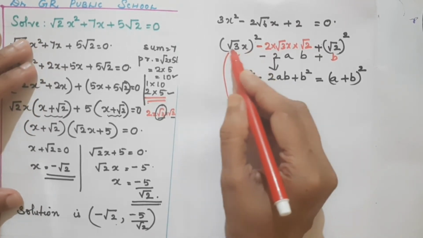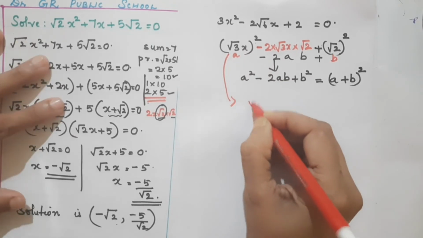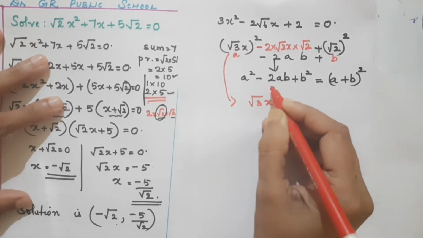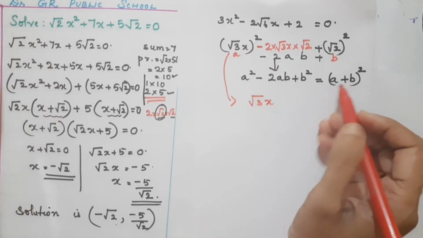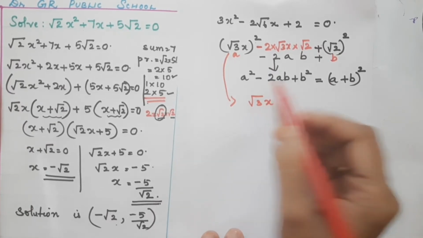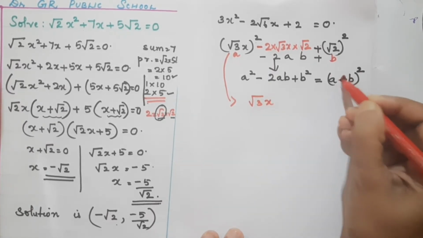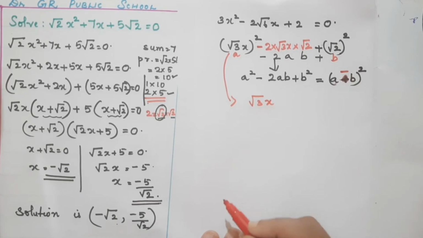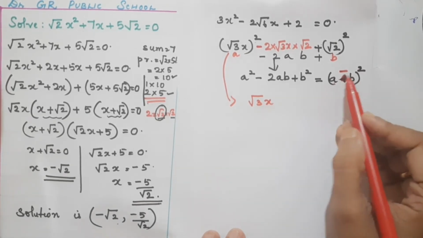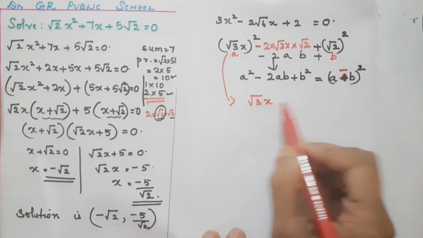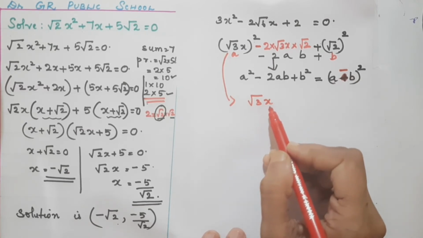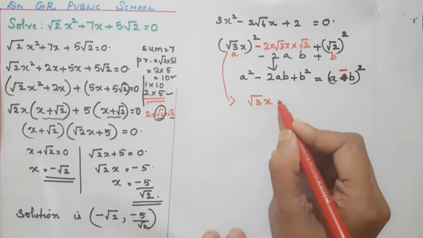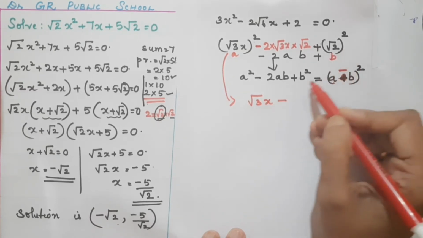So the given polynomial can be written as A, what is A? Root 3x. Then, sorry, here the middle term is minus, so it can be written as A minus b the whole square. So it can be written as root 3x minus, what is our b?